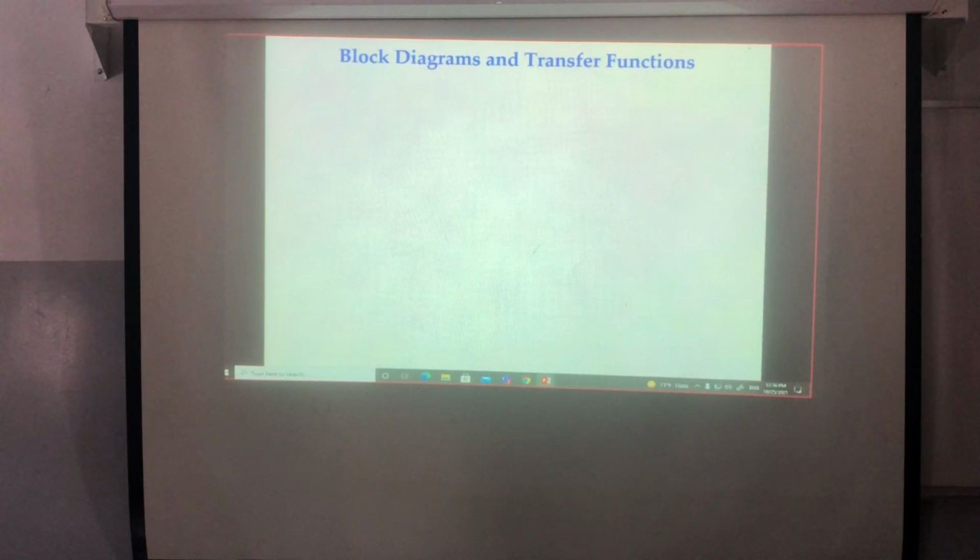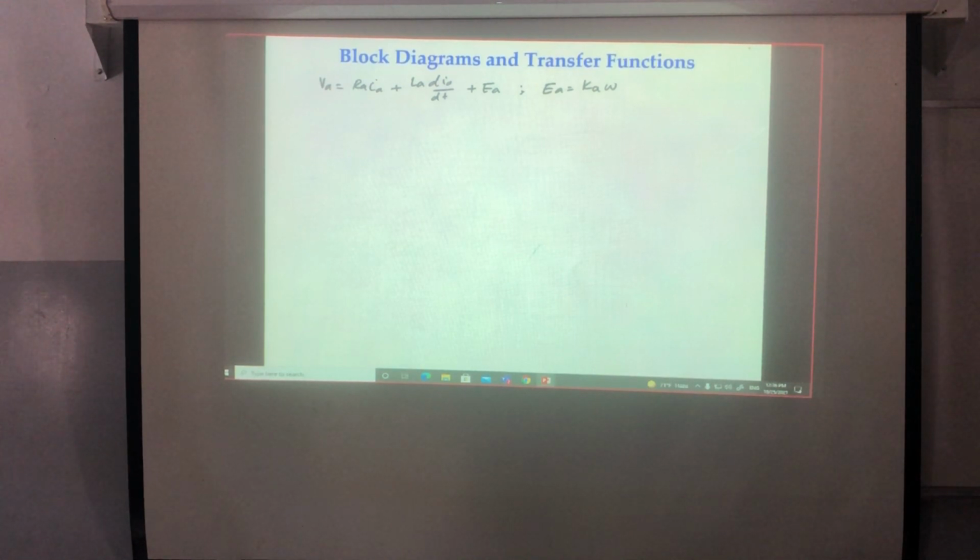And automatically I will try to plot the block diagram. So now if we recall, VA is equal to RA IA plus LA dIA by dt plus EA. And we know that EA is nothing more than K multiplied by omega.